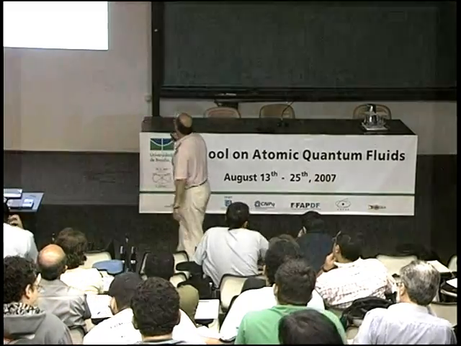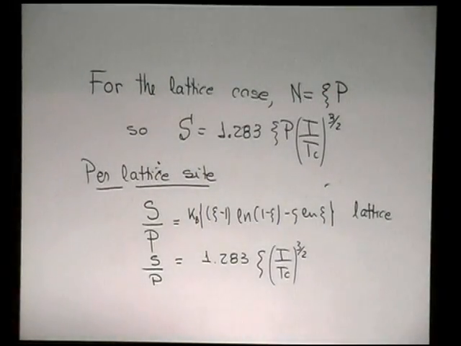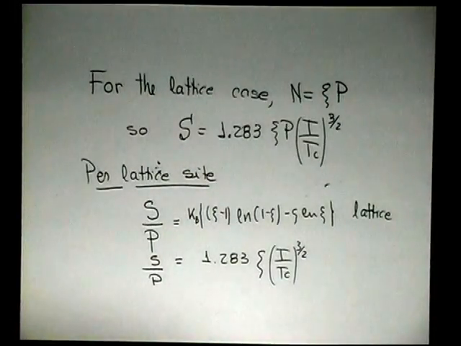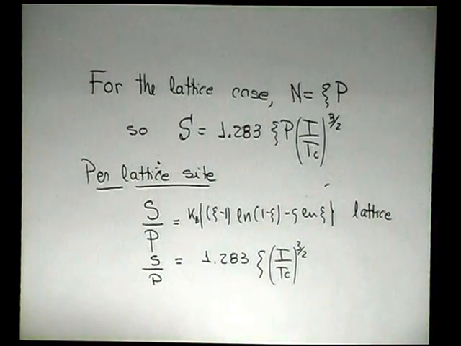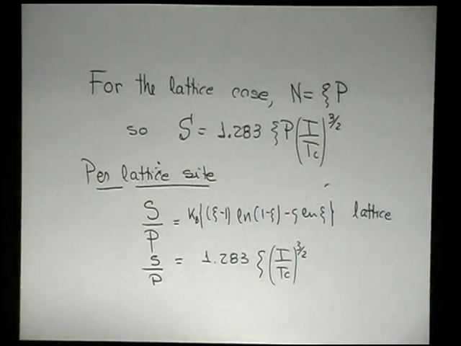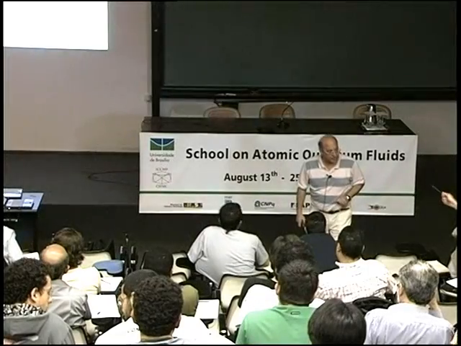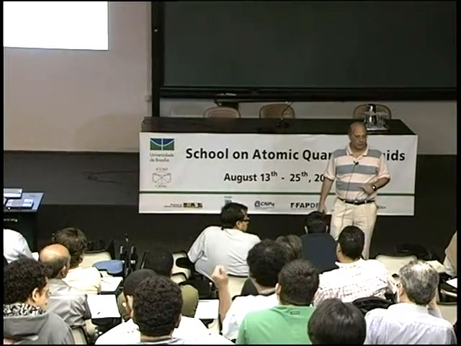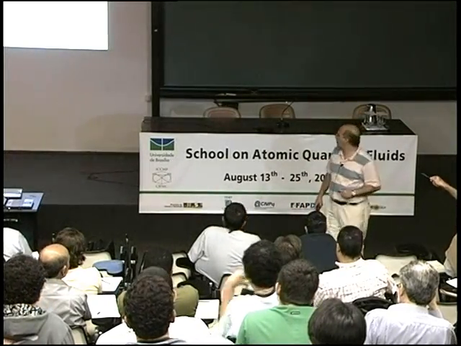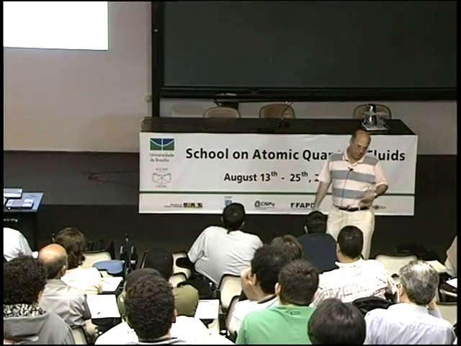Remember that the number of particles is basically psi times P, because I have P sites with a fraction psi occupied. Is that number some universal number? What number? 1.2. Oh, it's some approximation, but it's basically that.